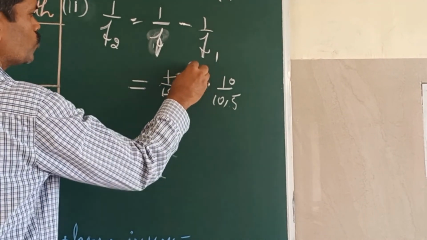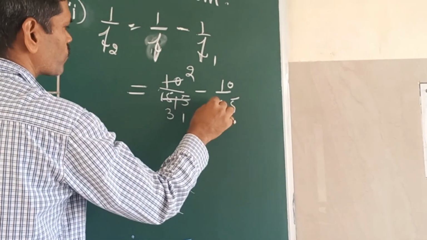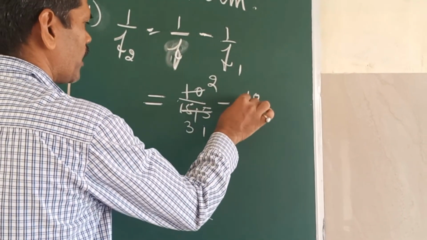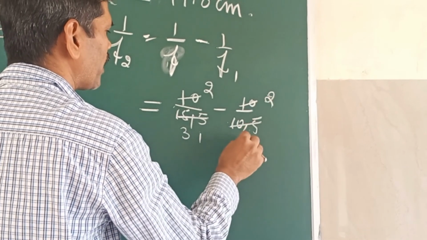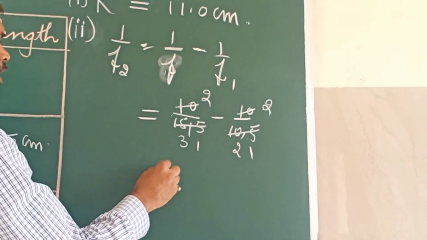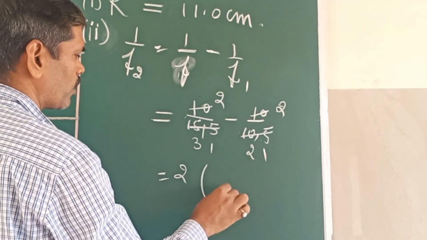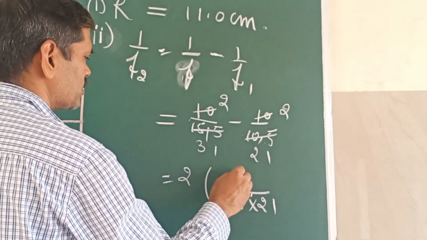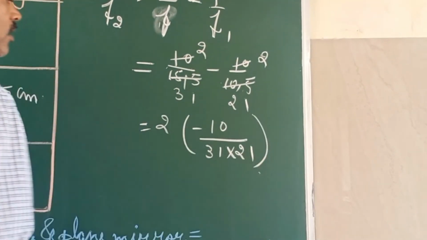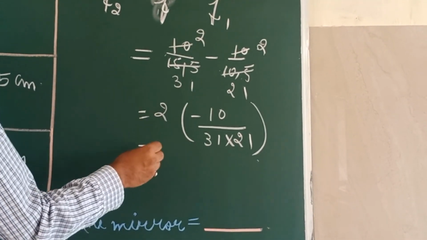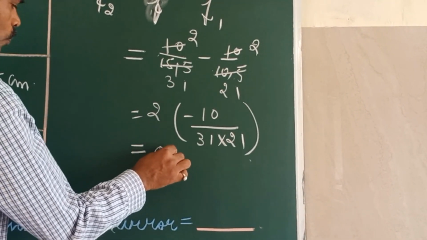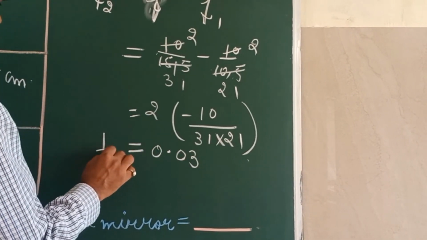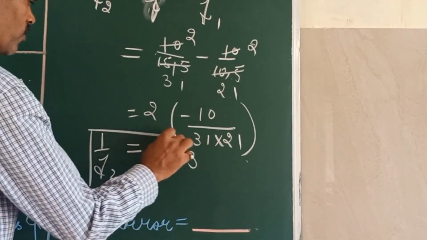This is 2 by 31 and the second is 2 by 21. Now solve it, take 2 common, and this is the LCM, and this is minus 10. Now solve it, and it will come 0.03. This is 1 upon F2.